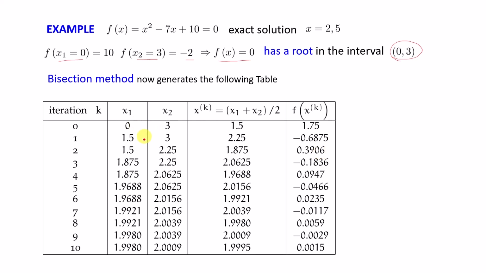In this manner, if we continue our calculation, we will see that x1 and x2 are coming closer and closer. They were initially 0 and 3, which means that in between them we had this root of 2. Now you can see that it is going 1.5 to 3, 1.5 to 2.25, 1.875 to 2.25, etc.